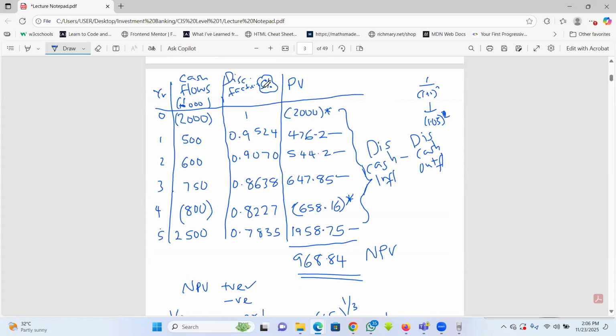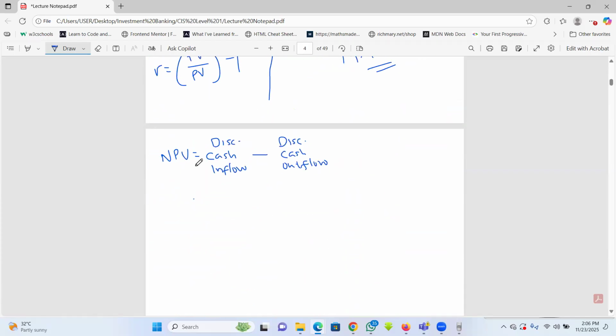So what is that rate of return that will make our NPV equal to 0? That's what we are trying to do in this question. When you hear of IRR, just know that automatically your NPV is 0. Then you take your cash inflows, in this case 1 million, and you are discounting it by an IRR. We don't know what it is. Yes, that's what you are looking for.